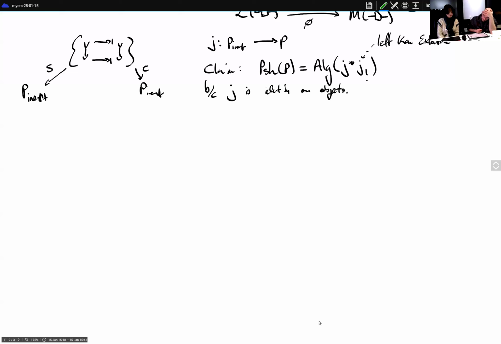So that's one. Claim two is that J upper star, J lower bang is actually equal to S lower bang, T upper star.